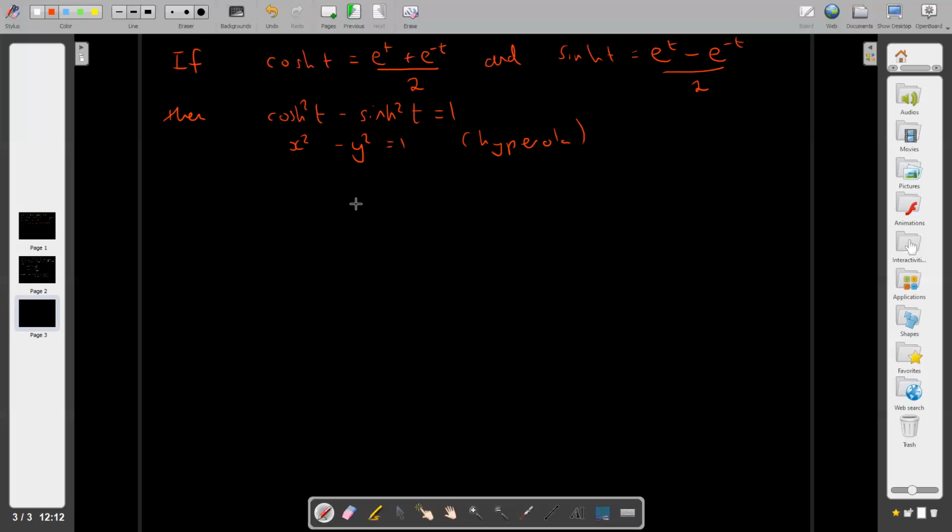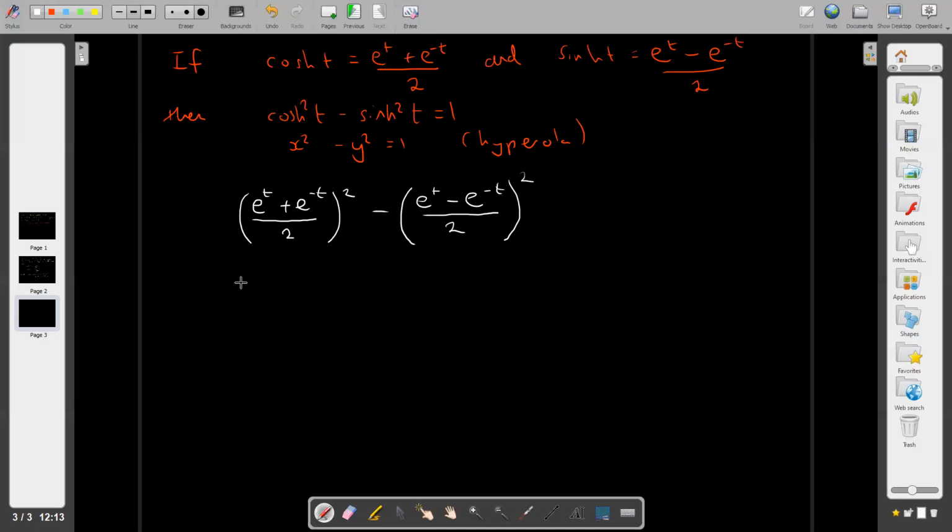Okay, so let me show you how that's going to work out now. We're basically going to plug these things in. So we'll have cosh squared, well, that would be e to the t plus e to the minus t, all divided by 2, squared, minus sinh squared t, which would be e to the t minus e to the minus t, all divided by 2, squared.